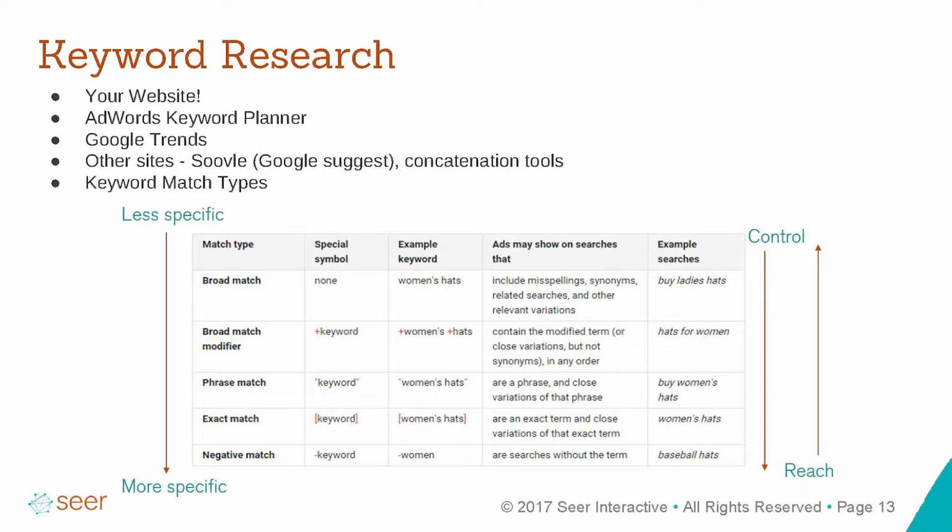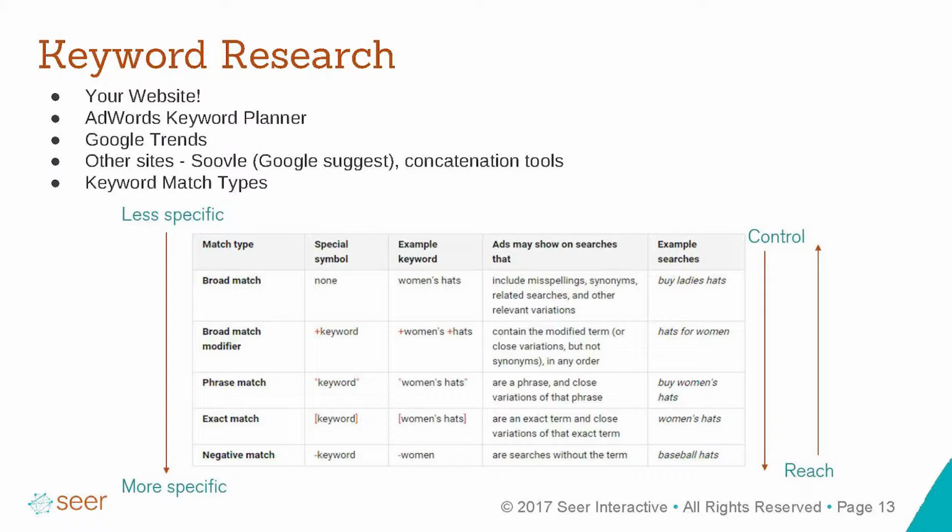Okay, cool. And then lastly on this, I wanted to touch on negative match, which means that if there are any terms that are not relevant to your business that might come up in these other search queries, phrase and broad match modified, you can just add them as a negative so that anytime a query includes that word, your ad does not show.